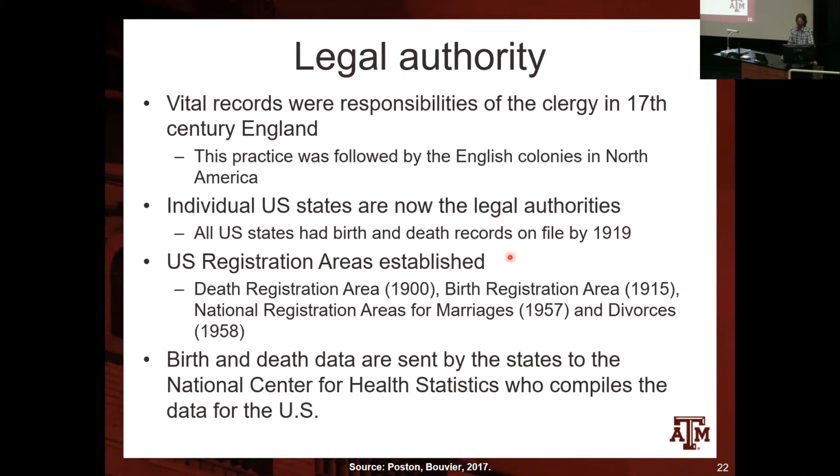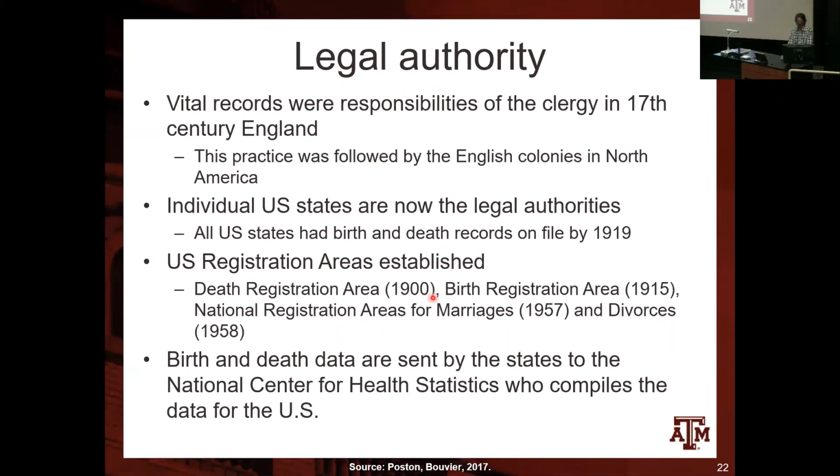And each one of these states then started having the birth and death records being counted. So by 1919, all US states had that. And these specific state agencies send the data of number of births and deaths to national agencies.